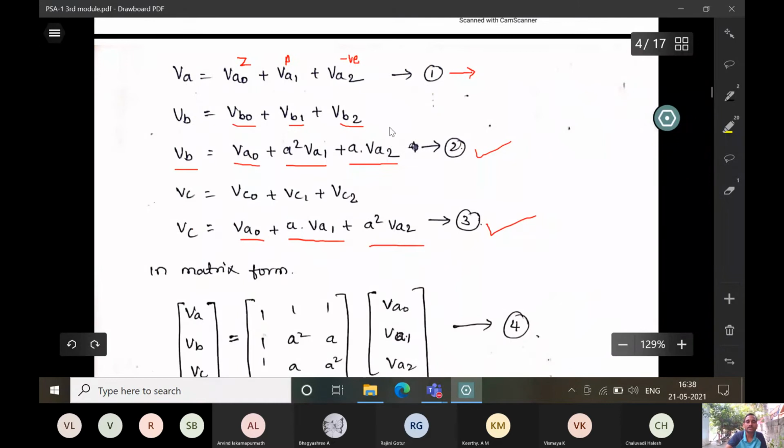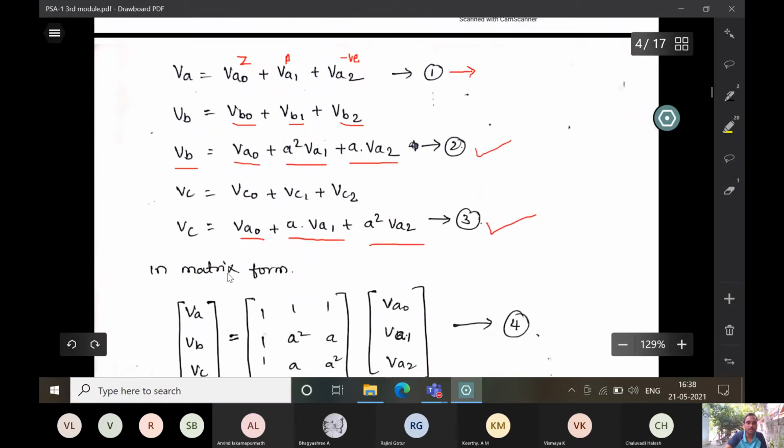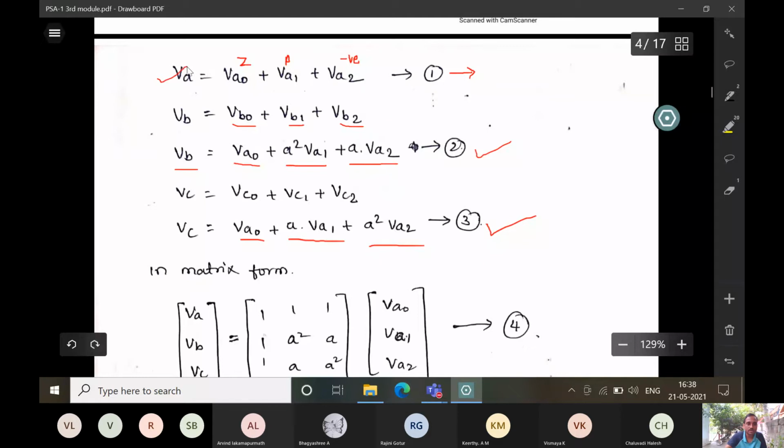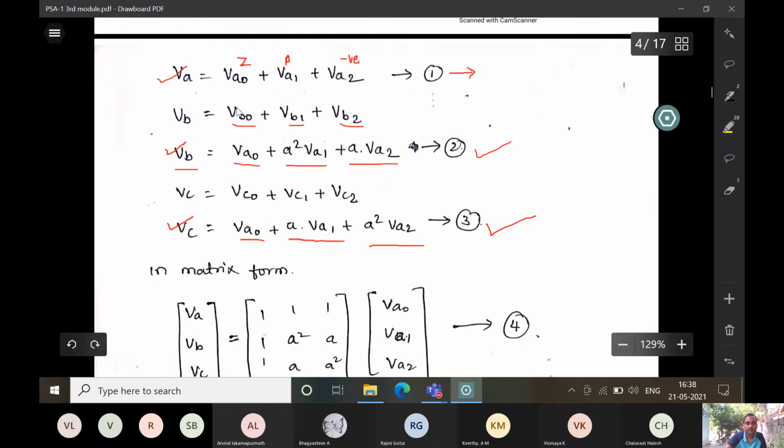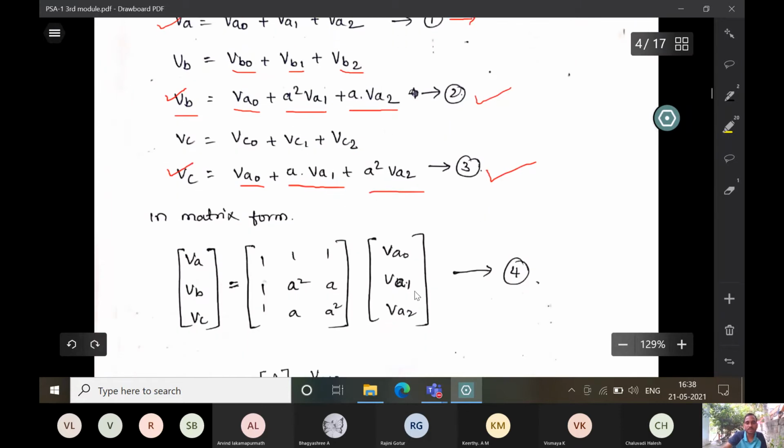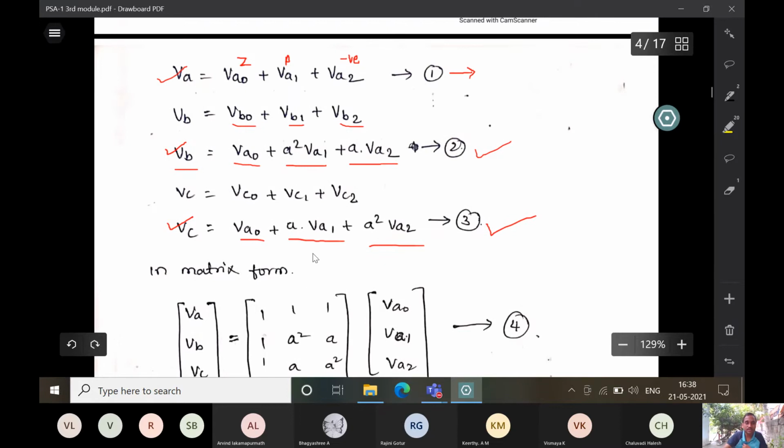Now write these three equations in matrix form. VA, VB and VC on the left, and VA naught, VA1 and VA2 with their coefficients. The first row is 1, 1, 1.